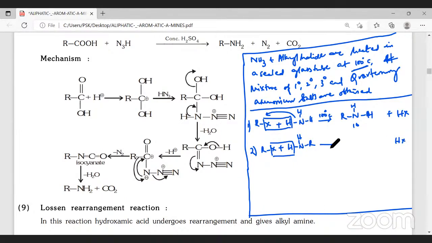What do we get? We get R, N, H, and R. This is a secondary amine.